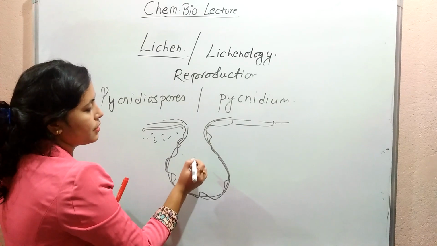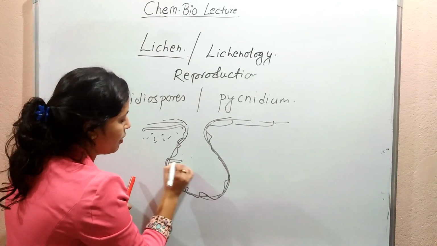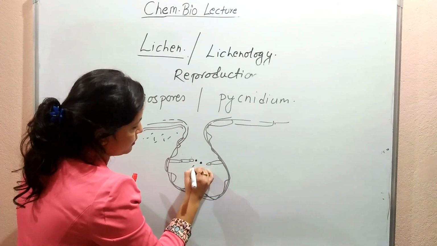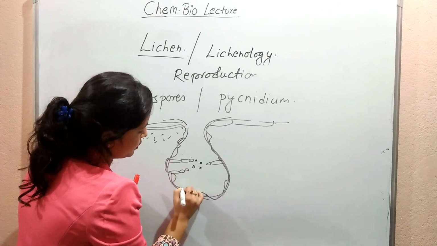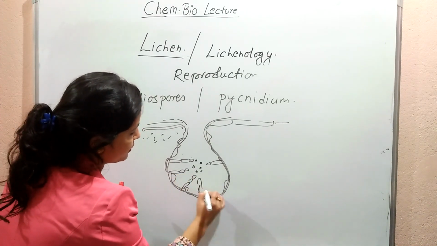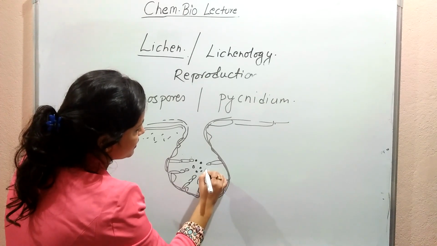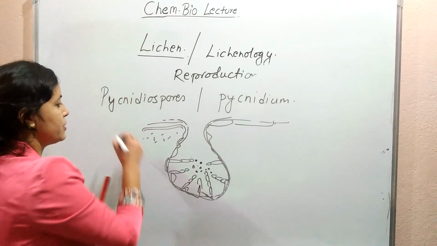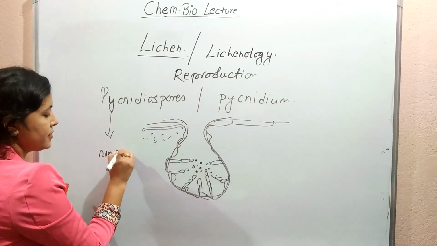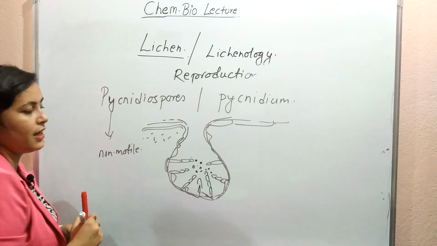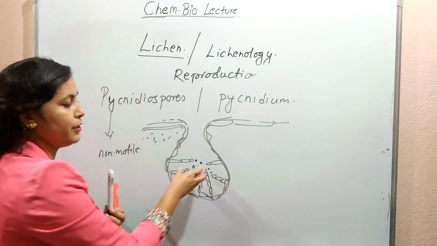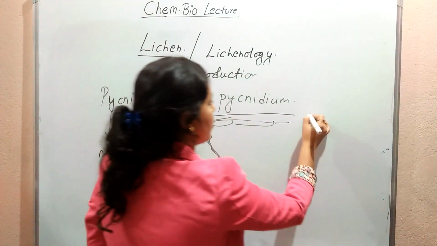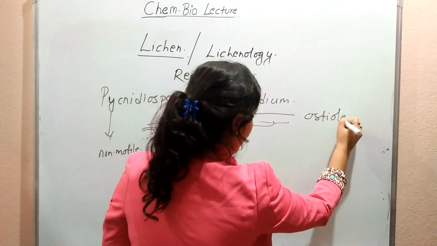In this pycnidium, pycnidiospores grow from the fungal hyphae. These pycnidiospores are produced from this flask-shaped pycnidium. They are non-motile, and due to a sticky fluid mass, they ooze out through the opening, which is called the ostiole.